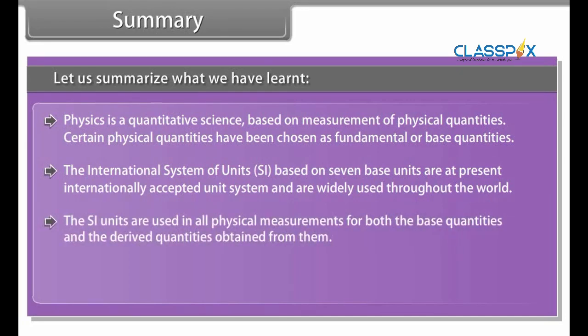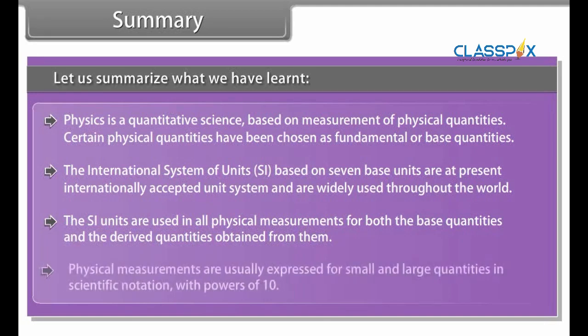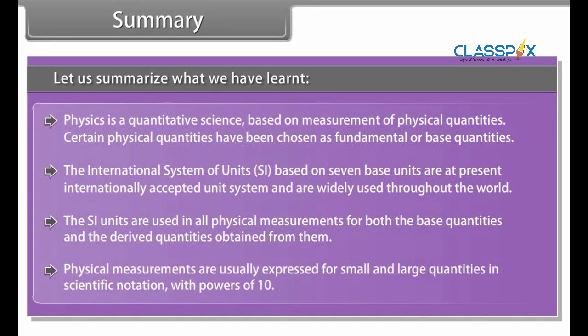The SI units are used in all physical measurements for both the base quantities and the derived quantities obtained from them. Physical measurements are usually expressed for small and large quantities in scientific notations with power of 10.